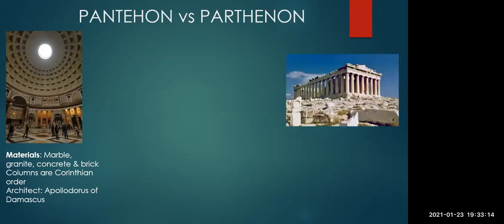Then you have the Parthenon, which is in Greece. This is on the Acropolis, which is in Athens, Greece. It's always been a temple. Now it's just a historical monument.